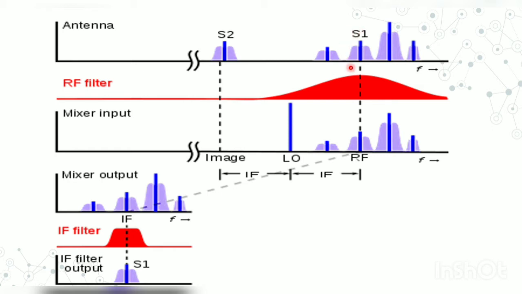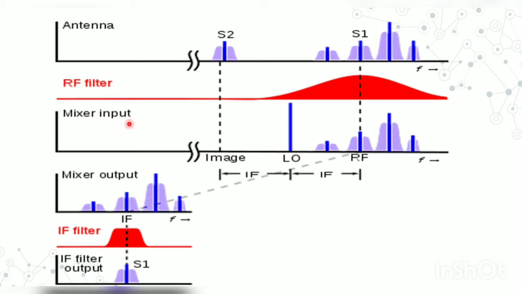Here we have our radio signal S1 along with other frequencies. When these signals pass into our RF filter, we obtain an output which is given as an input to our mixer. Here you can see the output of the RF has removed the image signal, that is S2.